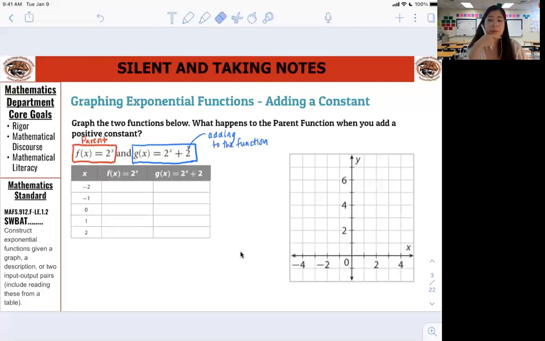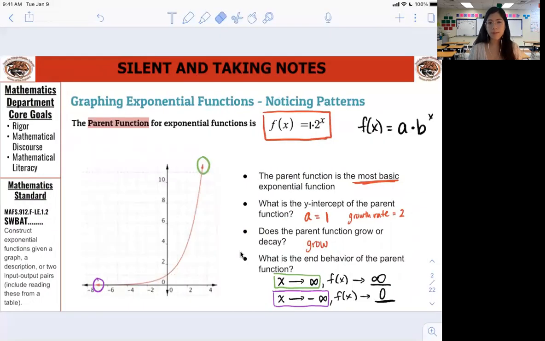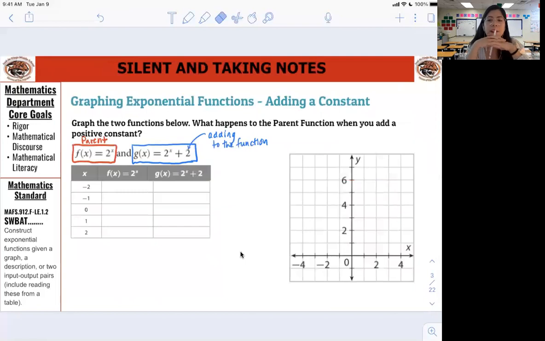So we know that the shape will still probably look the same as our original. But when you add a number to the end of it, how do you think it might transform the function? Any guesses before we graph it?